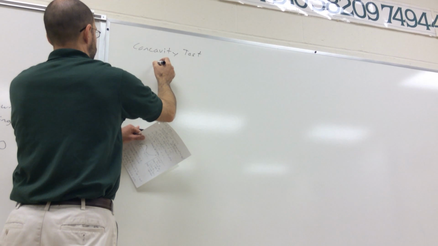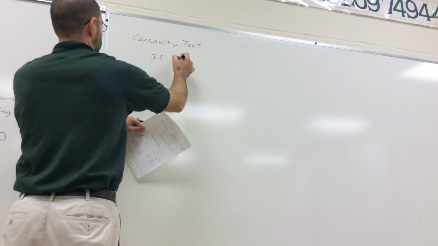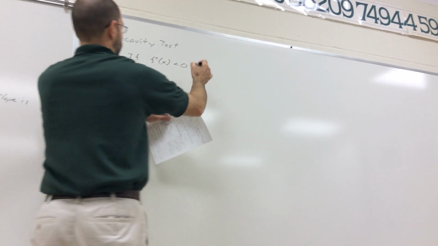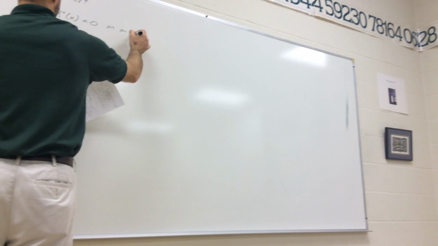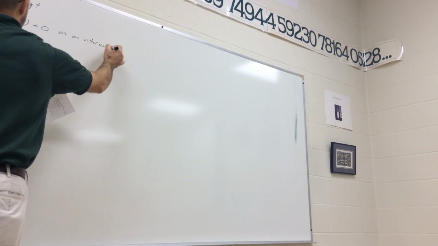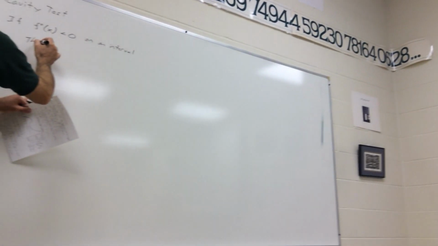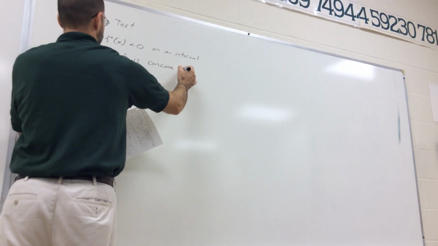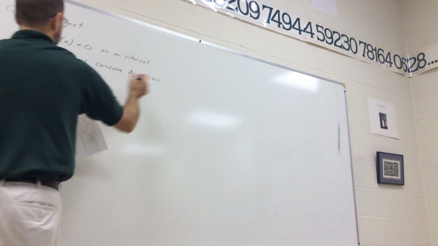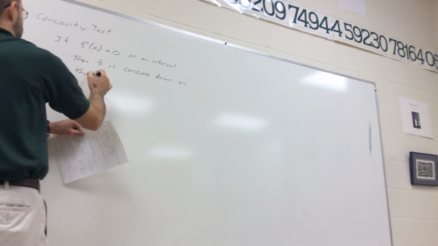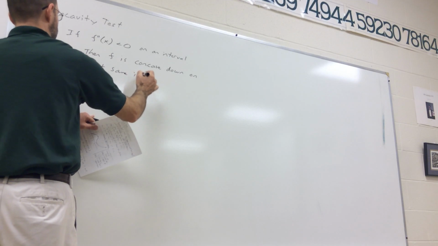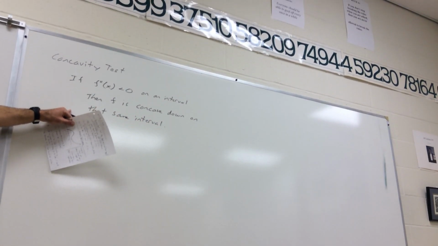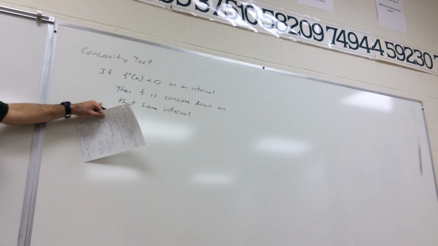So the concavity test says that if f double prime is negative on an interval, then f is concave down on that same interval.